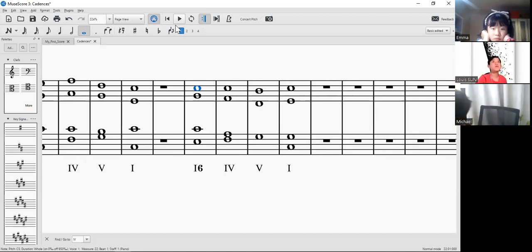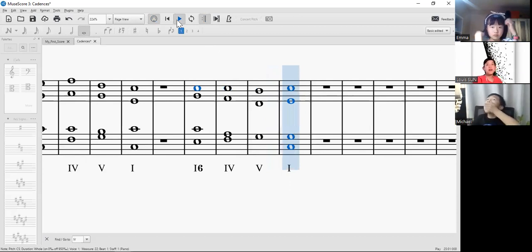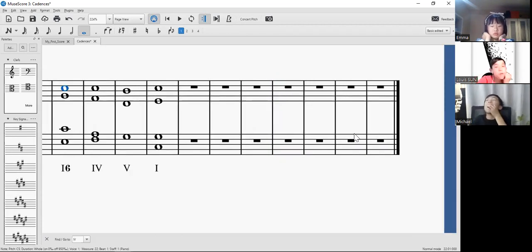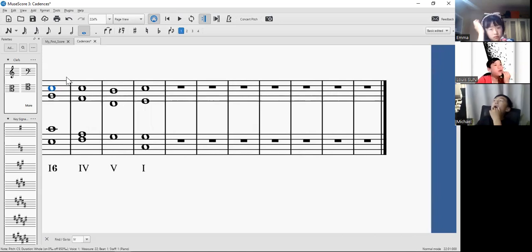But since we've got this handy composing program, we might as well use it. Sounds very nice.